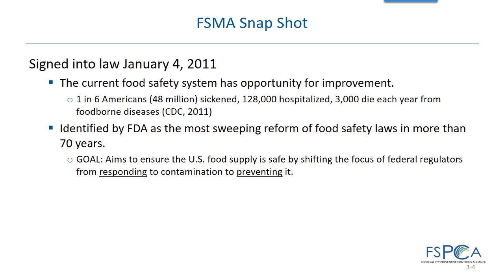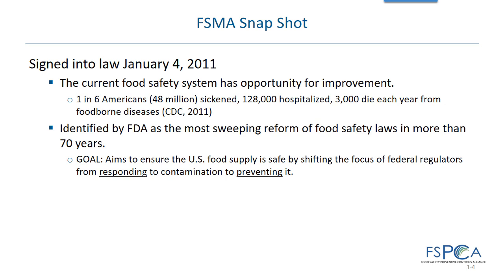But what we want to shift to is a culture of prevention, where we're doing everything in our power and thinking through all of the possibilities to prevent an adulteration from happening. So shifting our frame of focus from response to prevention is the ultimate goal of the Food Safety Modernization Act.